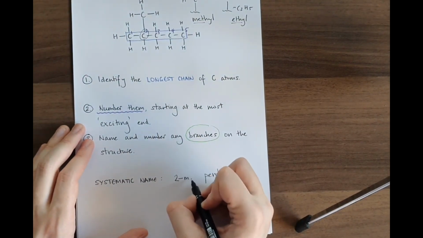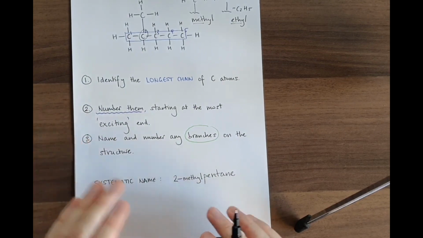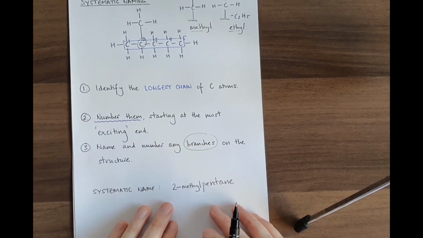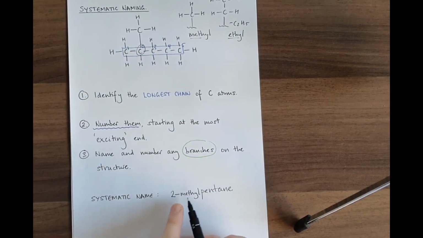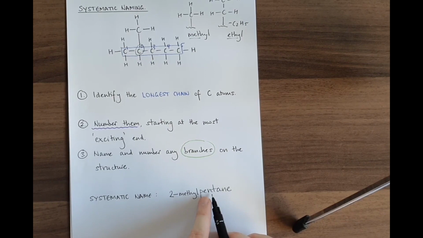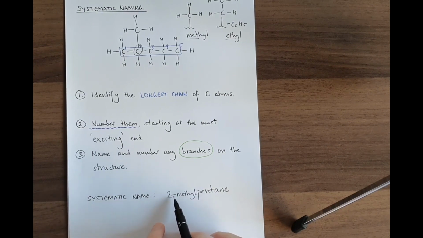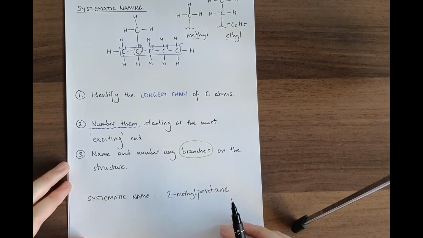In this case, it is a methyl branch. So our full systematic name for this compound is going to be 2-methylpentane, because we have 5 carbons in the longest chain, and we have a methyl group on carbon 2. And you'll notice that when I'm separating numbers and words in systematic naming, I use a dash, and that just keeps things nice and neat.